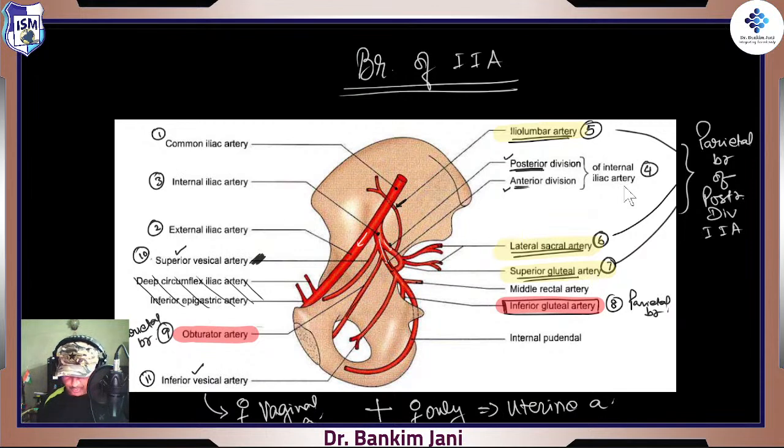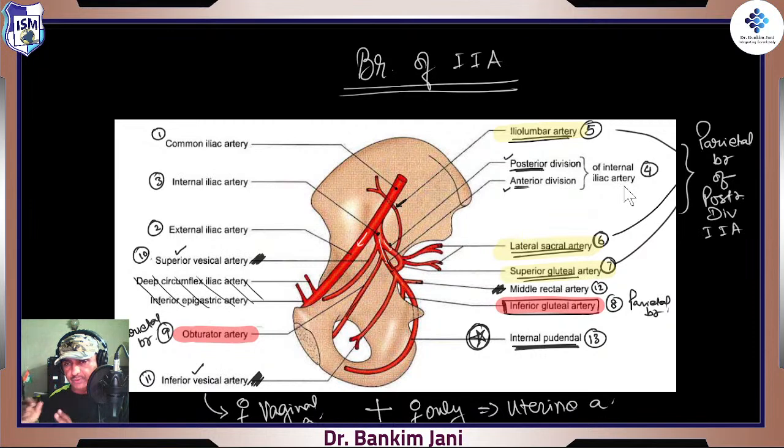Straight away we move on to the middle rectal, right? So we mark middle rectal here, and then the last and final, most important, internal pudendal. So now this picture would be much easier. Whenever you revise it like this, right?